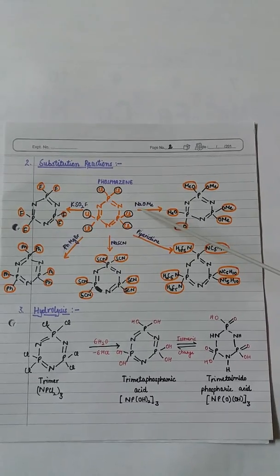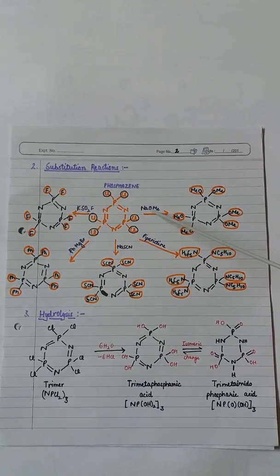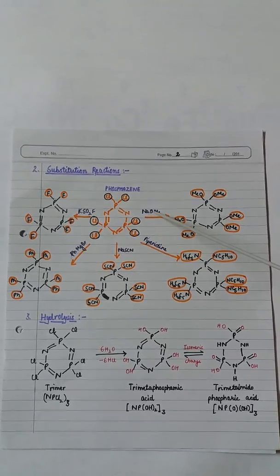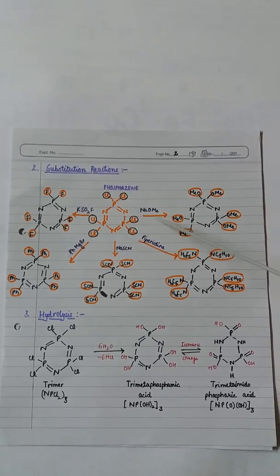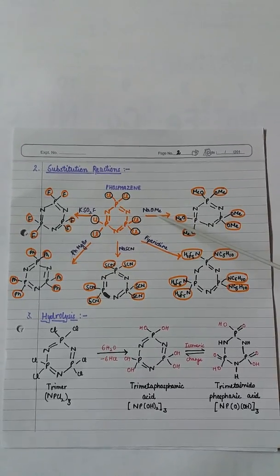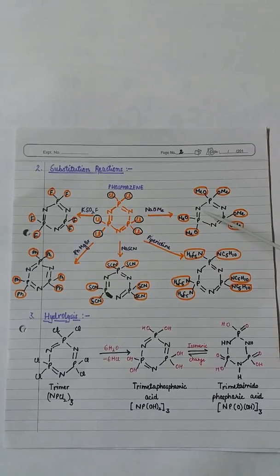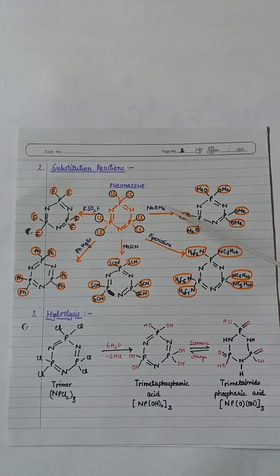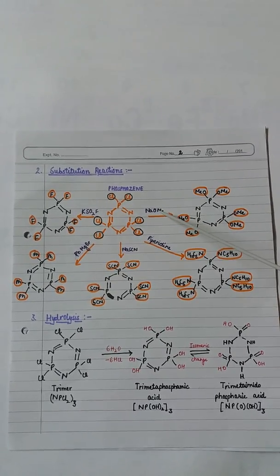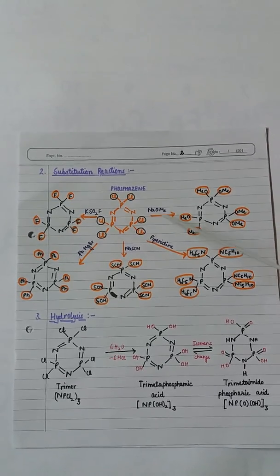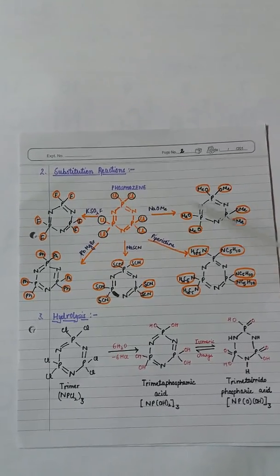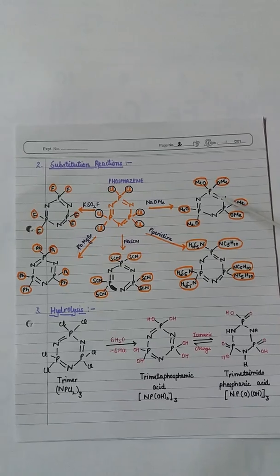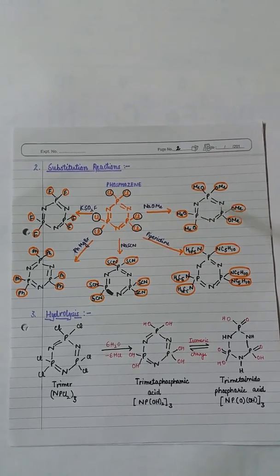Then if we talk about the metal alkoxides, this is sodium methoxide. In this, the OMe group, the methoxy group, replaces the chlorine and attaches to the phosphorus atoms.